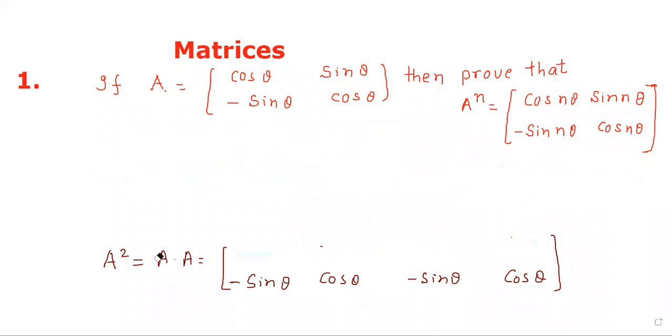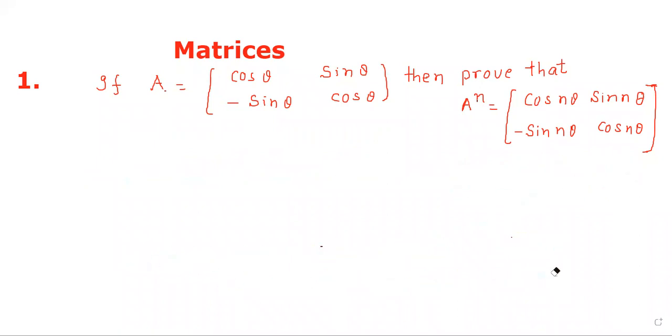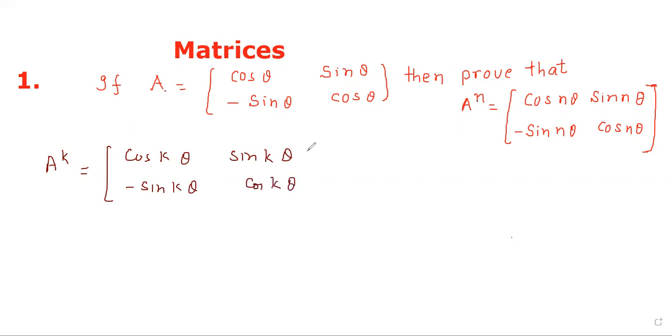That is, we can write A power k equals [cos k theta, sin k theta; minus sin k theta, cos k theta]. Now we have to prove that k plus 1 is also true.